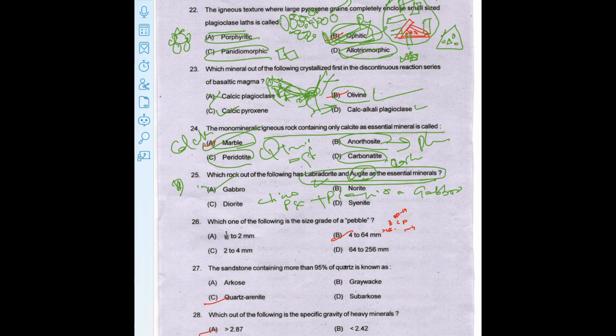So the correct answer will be gabbro, because these two essential minerals represent basic igneous rocks. Diorite is not, diorite is an intermediate rock, syenite is acid, and norite is basic, but it does not contain clinopyroxene. So the correct answer will be gabbro.